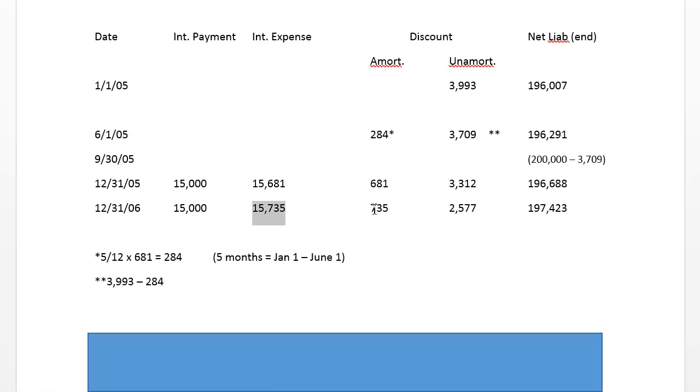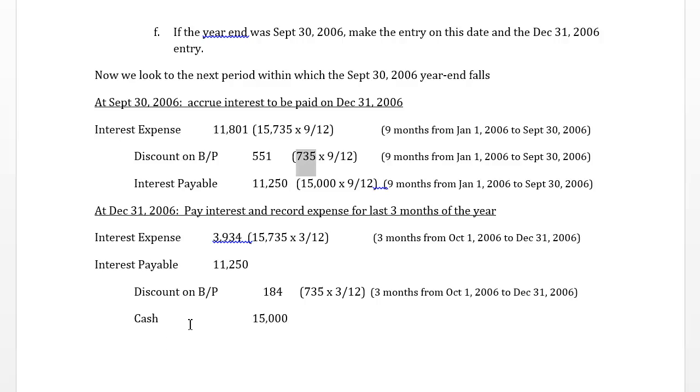Again, you can go back and check your table. That's the amount of amortized discount for the entire year 06, but we only want it for the shorter period, which is the last 3 months for October, November, December. So that's $184. And again, at the end of December, we pay these guys out $15,000.